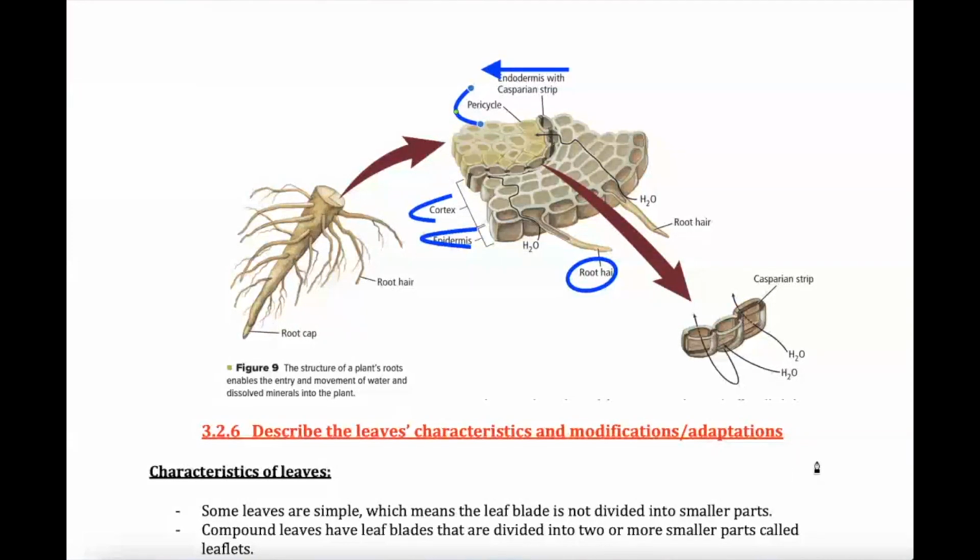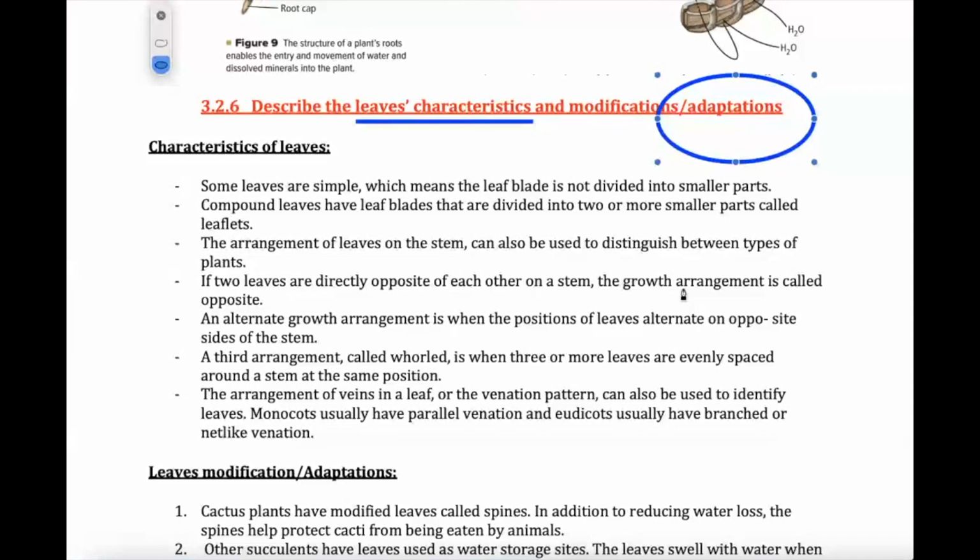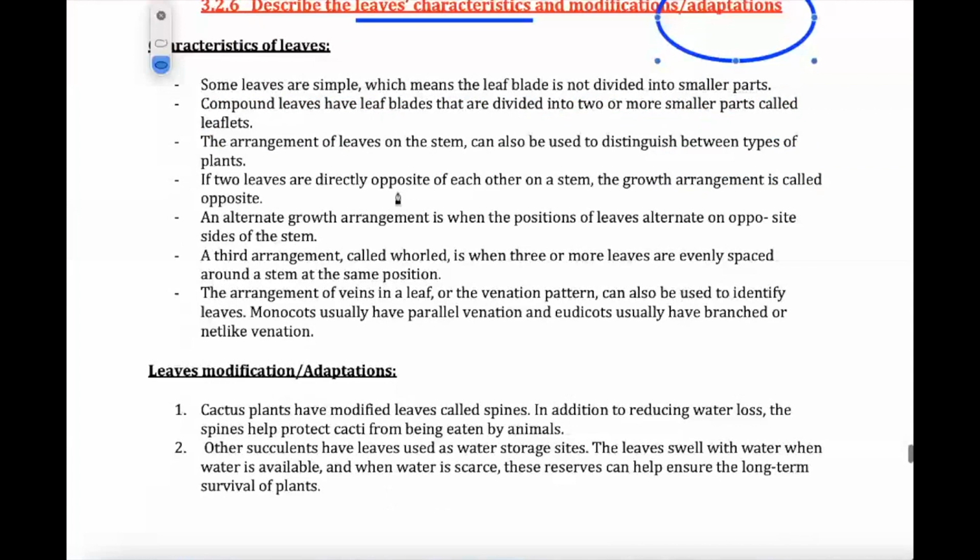Okay. Now 3.2.6, describe the leaf's characteristics and adaptations. So it means that you need to understand the structure of the leaf and you need to understand the function of the leaf. Okay, so first of all, characteristics of the leaves. It has a leaf blade and it can be simple or compound.